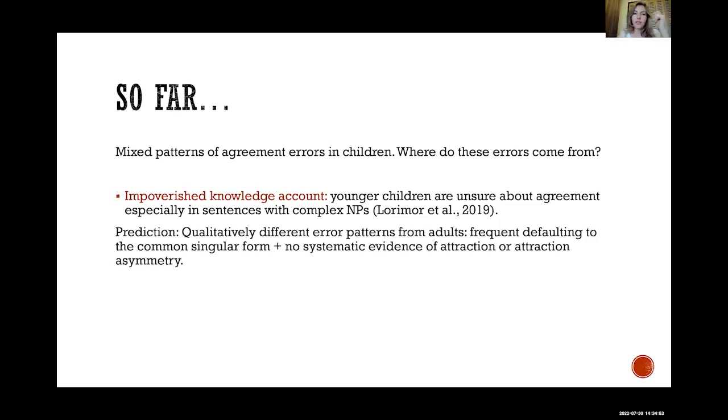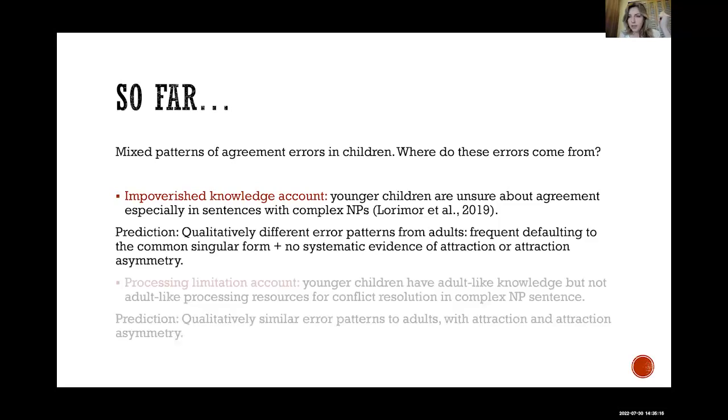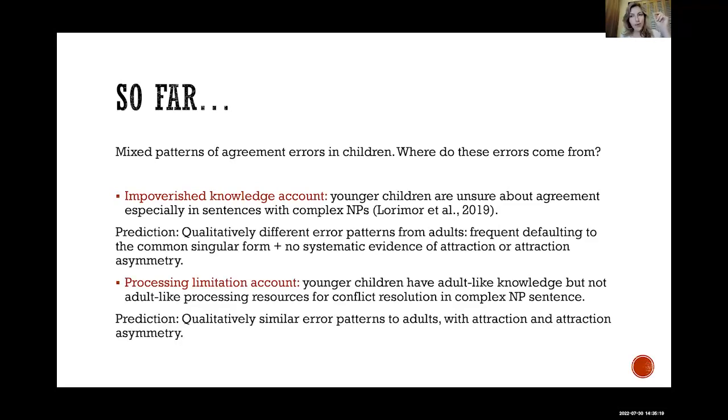A prediction here is that if children don't really have adult-like knowledge about subject-verb agreement, we can expect them to make qualitatively different patterns of errors compared to adults. So the findings such as frequent defaulting to singular, no attraction, or no attraction asymmetry would fit very well within the impoverished knowledge account. A second possibility is that children actually do have adult-like knowledge about how subject-verb agreement works, but in real time, they are not always able to apply that knowledge appropriately.